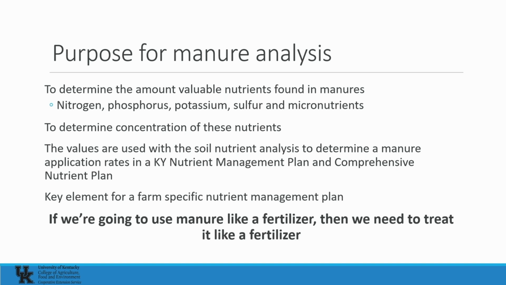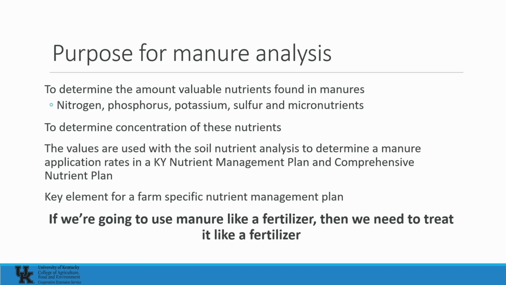Going back to the lagoon, if we have a very rainy season, those nutrients found in the lagoon are going to be more dilute than in years where we have less rain or we've diverted stormwater away from our liquid storage systems.